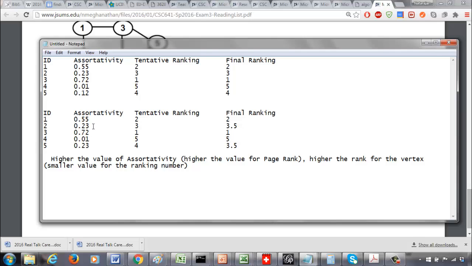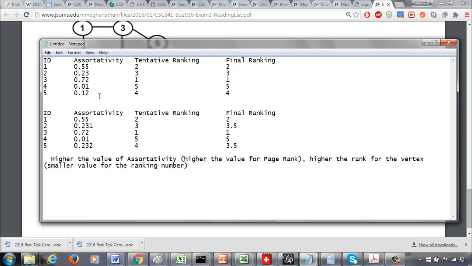Now another issue I also noticed in the assignment is if the values are something like this, so 0.231 and 0.232, you could say they are distinct values, but remember we are going through the iterations and we are stopping after a few iterations.